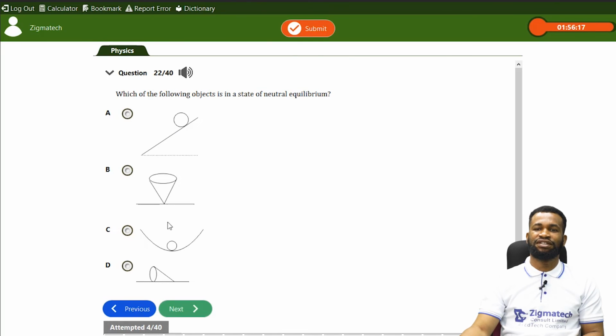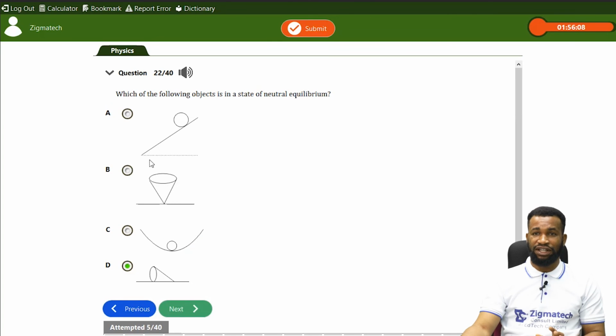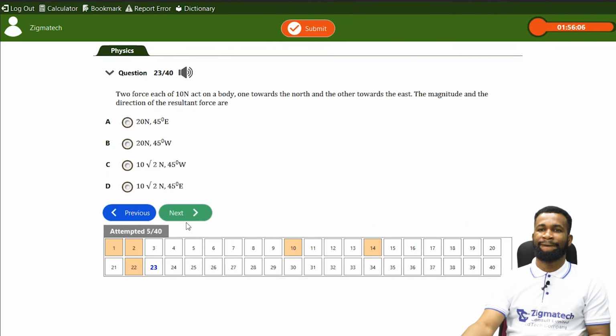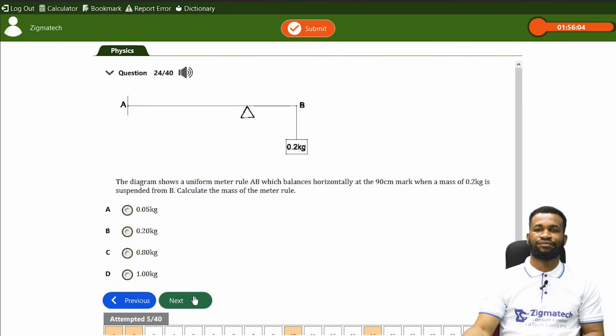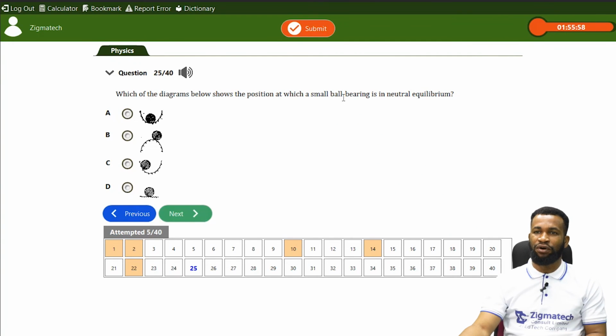This is the neutral equilibrium according to the options and the lesson. You can trace back to the lesson for more explanations. Which of the diagrams below shows the position at which a small ball bearing is in neutral equilibrium? For a small ball bearing to be in neutral equilibrium, it must be on a smooth horizontal table, and that is option D.